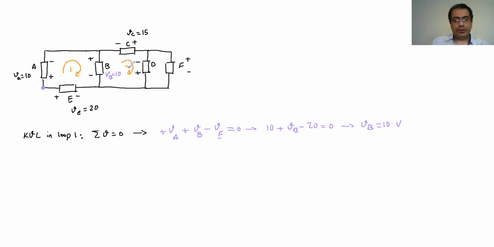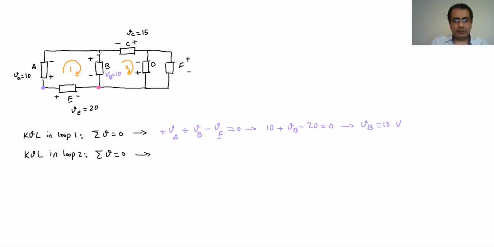I write the KVL in the second loop. So if I write the KVL in loop 2, then the sigma V should be 0. For loop 2, again, I will start from this corner here, go all the way through B, go through C, go through D, and come back to that point.